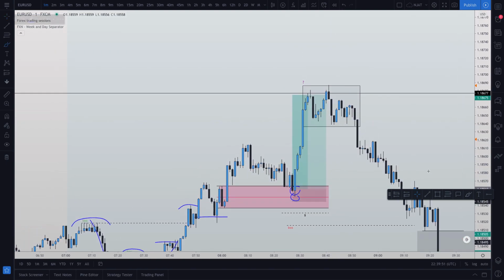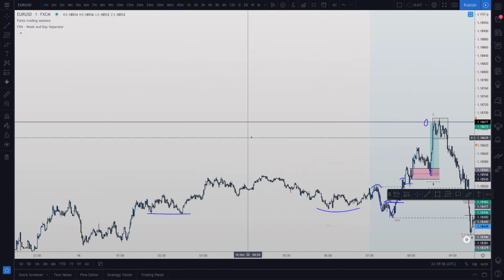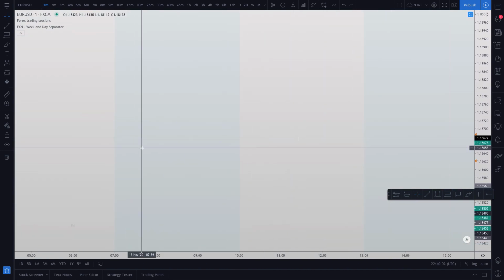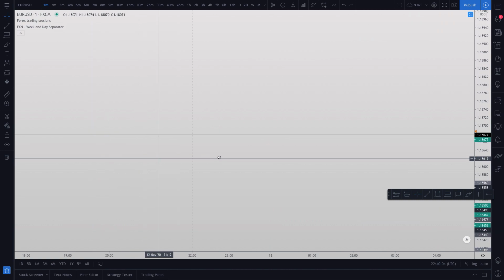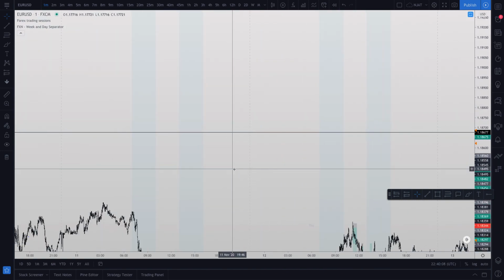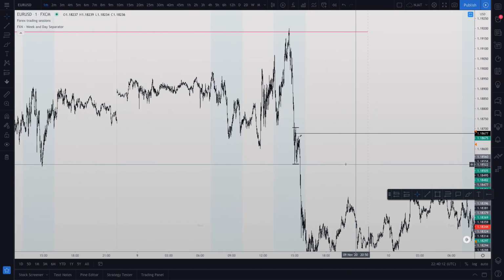And what I was doing for this trade is actually targeting this higher time frame point of interest, which we'll quickly zoom back and have a look at. So just follow this black line on the screen. Going back into last week, the week before.